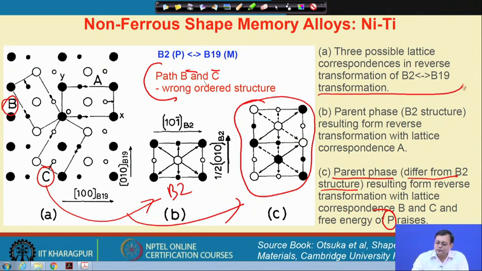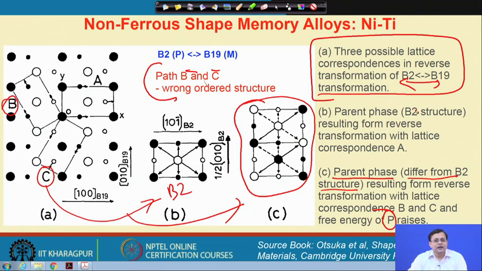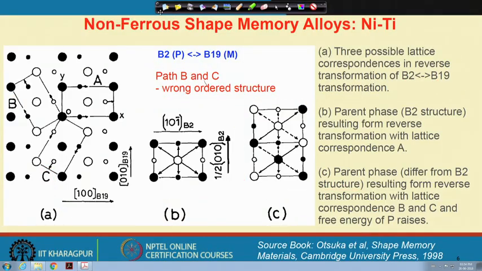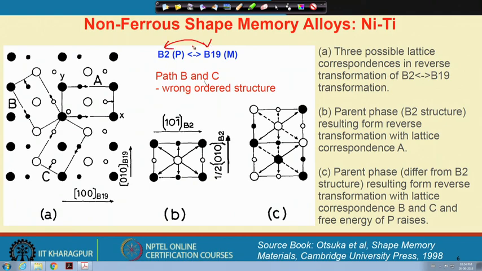So, the reverse transformation from B19 to B2 and its lattice correspondence is very important, because there is an ordered structure, and if we have to get back that ordered parent phase, then a proper lattice correspondence has to be chosen. That is why this is not only the case for nickel titanium, but for many other systems also, wherever a B2 to B19 type of structural transformation actually occurs.